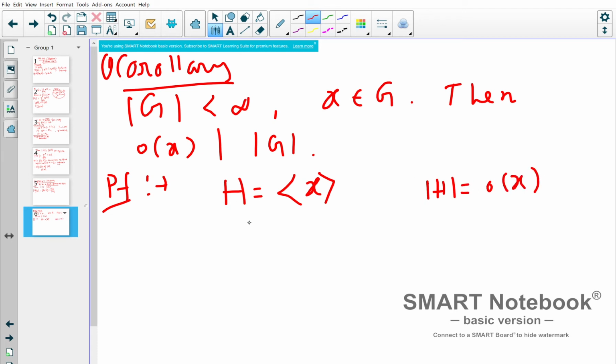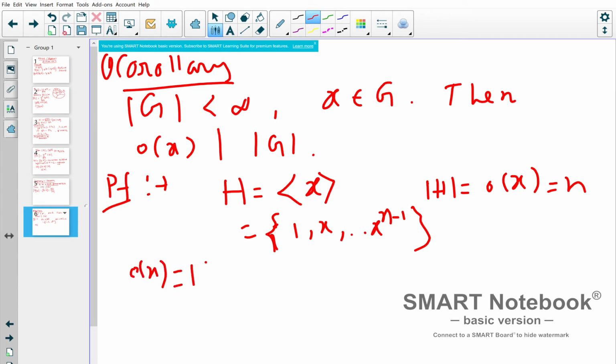In fact, we proved that H is the identity, x, up to x to the power n minus 1, if the order is n. We already know these things. So the order of x, which is nothing but the order of H, divides the order of the group G. QED.